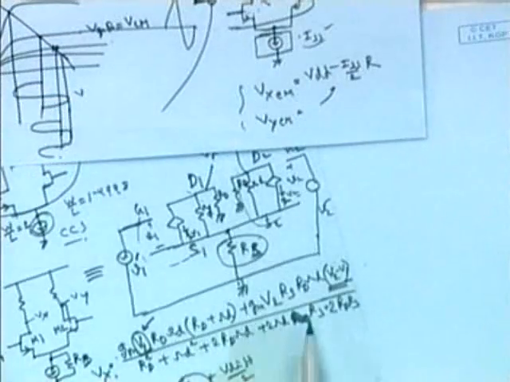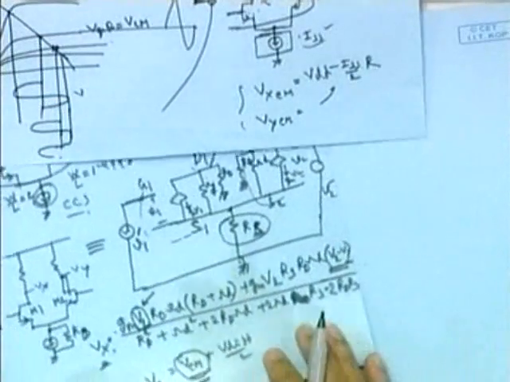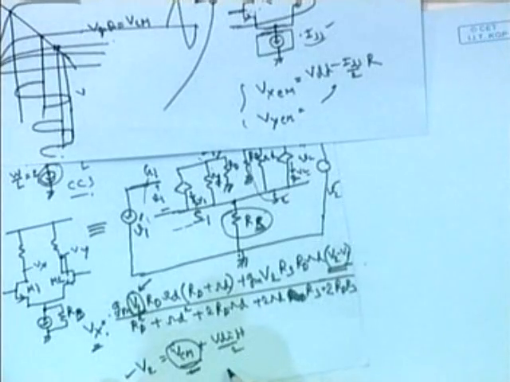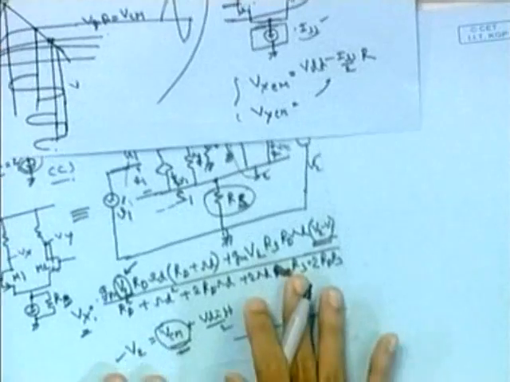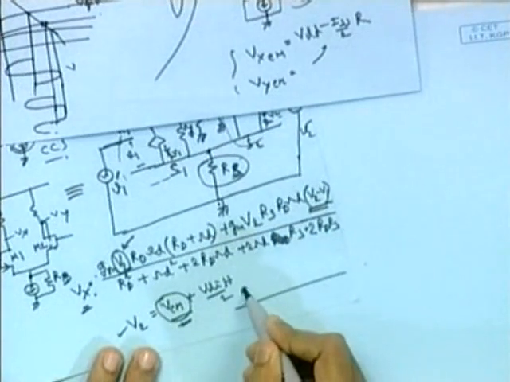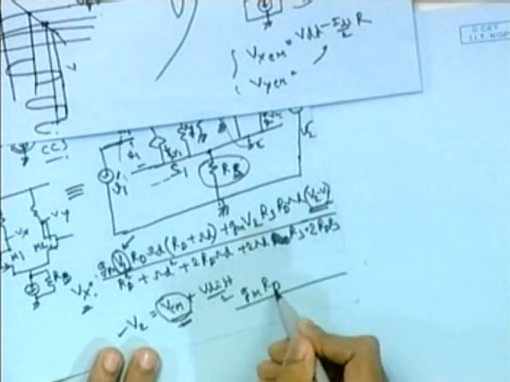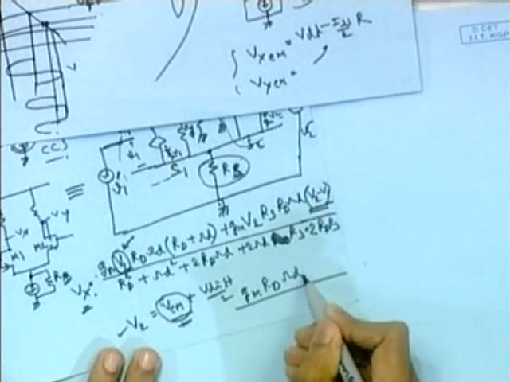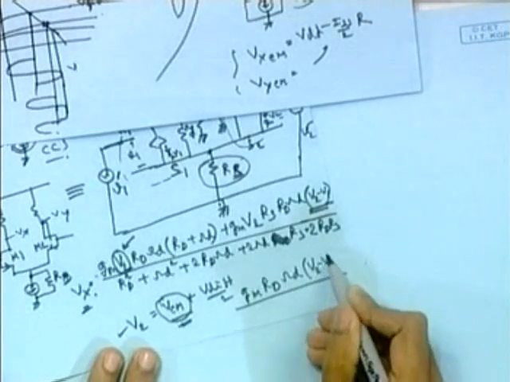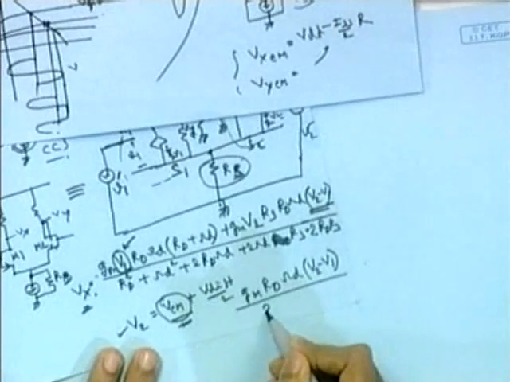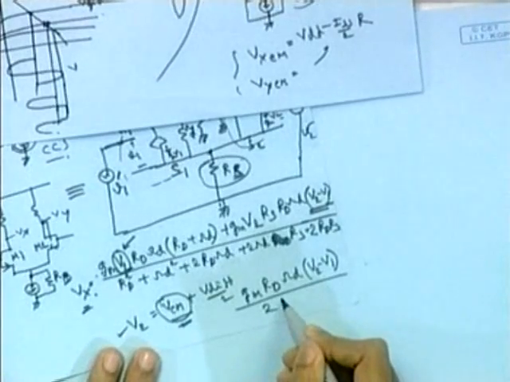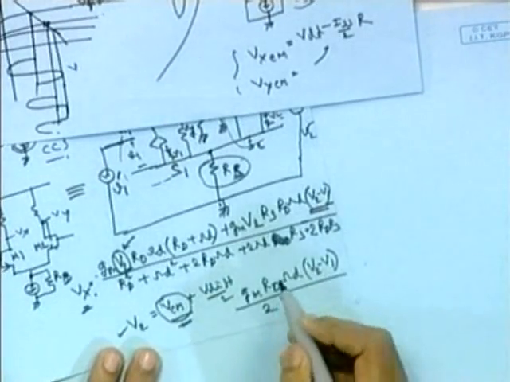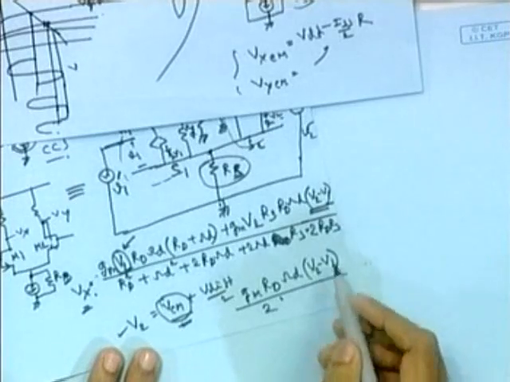With RS 0 you will get this one, GM RD, minus V1, no, I think it is not correct.